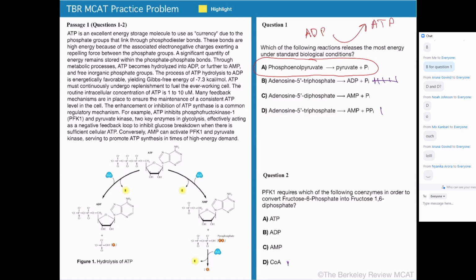So of course, this is going to have a bigger negative delta G than all these ones that burn an ATP for it to work. Does that make sense?